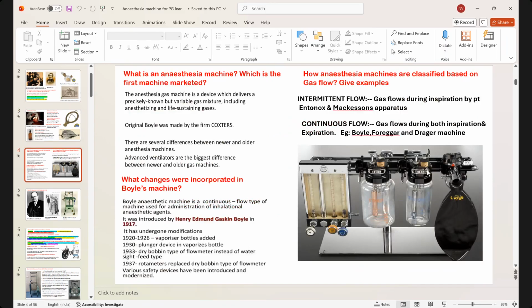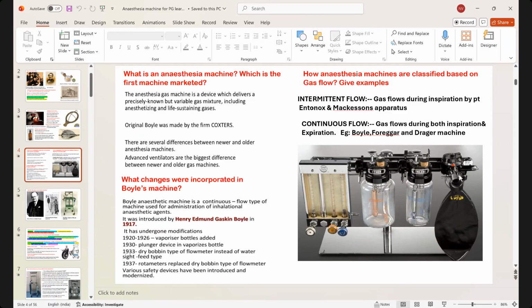And this was the old method of giving anesthesia, with the flow meters incorporated. And these vaporizers, which are called Boyle's bottle, had no sophistication. Their concentration was not calibrated. They did not have temperature compensation, and they were not very precise. They were giving a slightly improved version of the open drop.